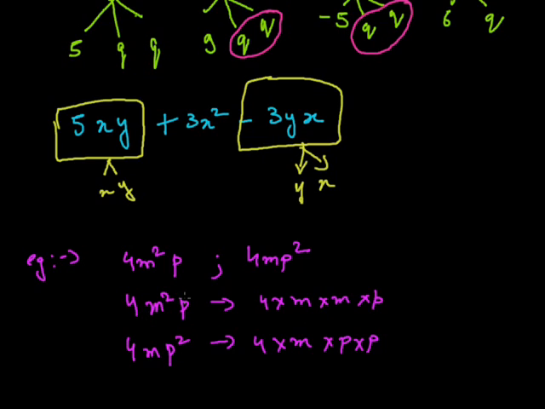Here m had power 2, so it is multiplied 2 times. Now if we see, do these two terms have the same algebraic factors? Both have m, but the remaining factors, m and p, do not match. Therefore these two terms are not like terms, these are unlike terms.